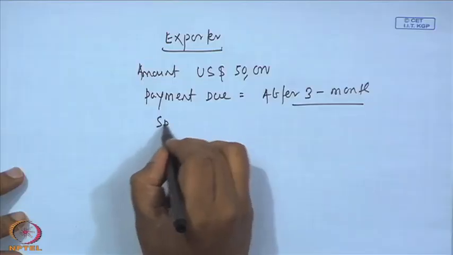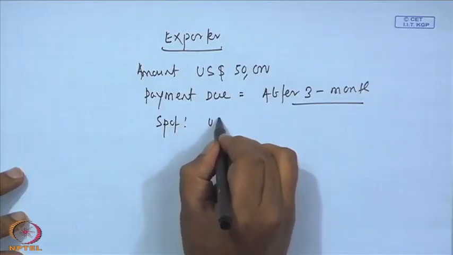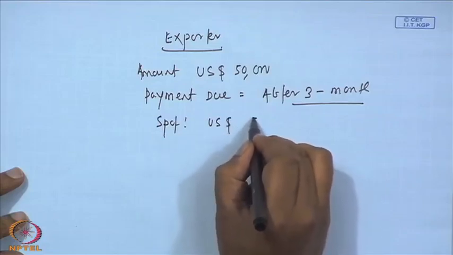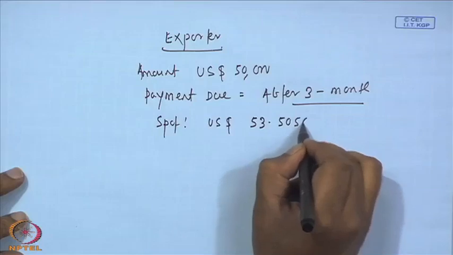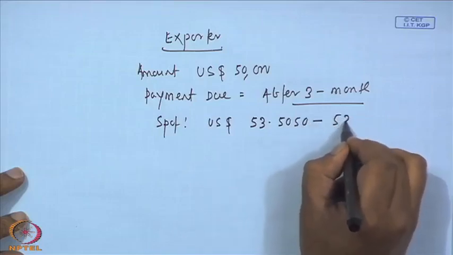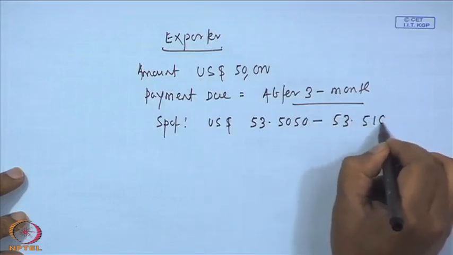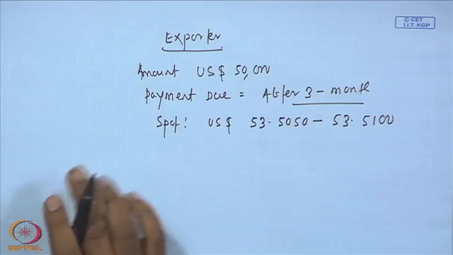In between, anything may happen. So, at the date of shipment the spot rate of USD was 53.5050 and 53.5100.